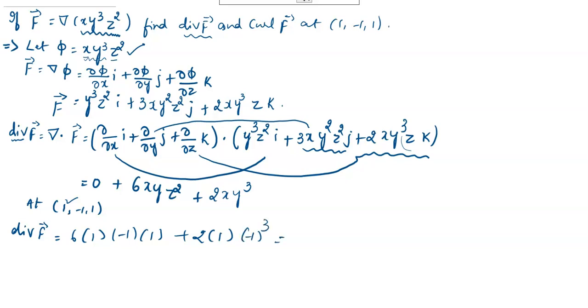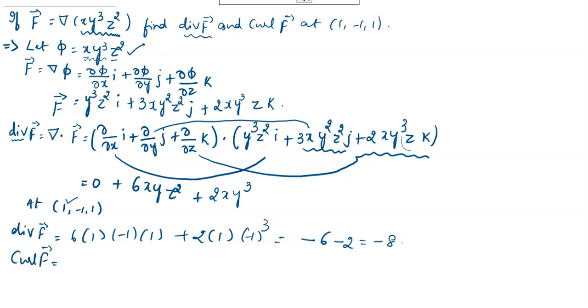Simplifying this, minus 6 minus 2 equals minus 8. So this is the divergence of f vector.